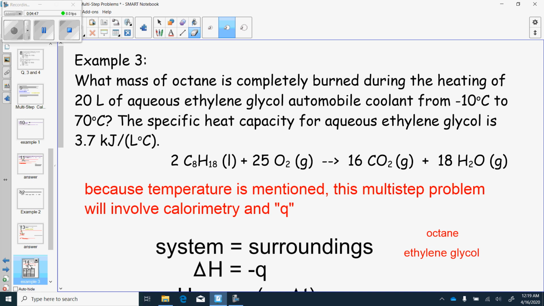So right off the bat, I know that calorimetry is going to be one of those tools I'm going to have to use. It incorporates Q, so both of those things are going to be working together. Now, bottom line, how can I use this to find the mass of my octane? I kind of start with what I know, and then if I have to veer off and find some other things later on, I will. The first thing I start with is calorimetry.